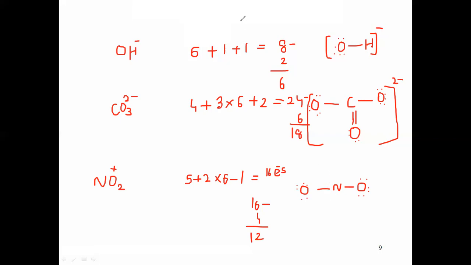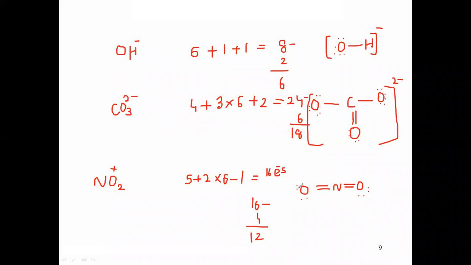So what we will do, the same step we will follow. We will erase, we will change these 2 electrons into a bond. So the 2 electrons I'm changing into a bond. So now nitrogen got 6 electrons. Now 2 more electrons should change into a bond. So here also I'm drawing these 2 electrons as a bond.